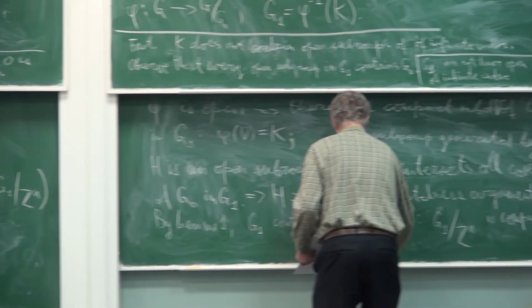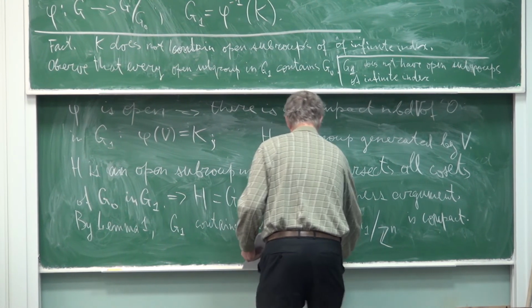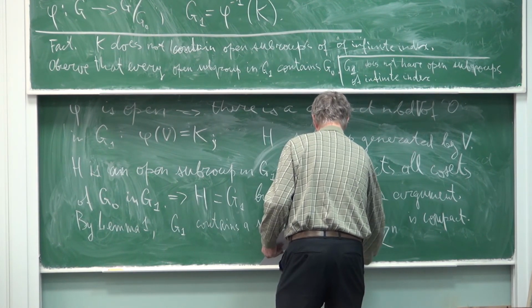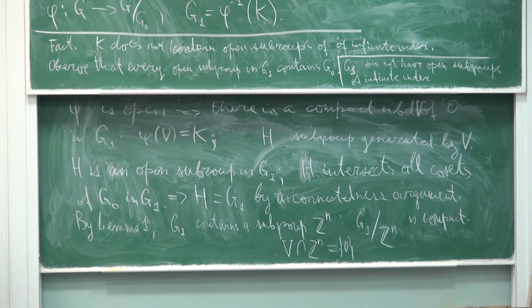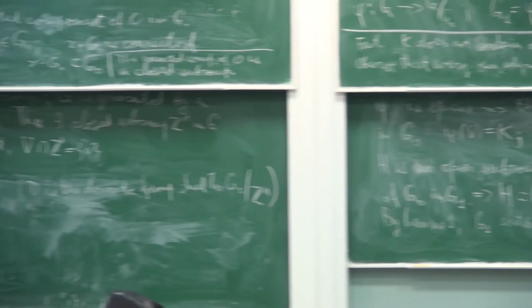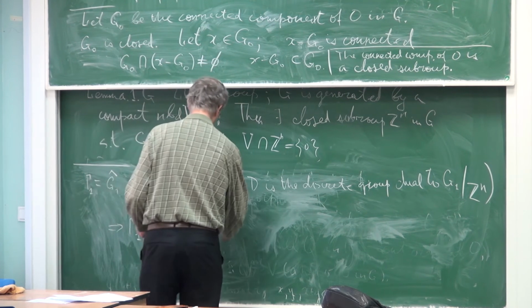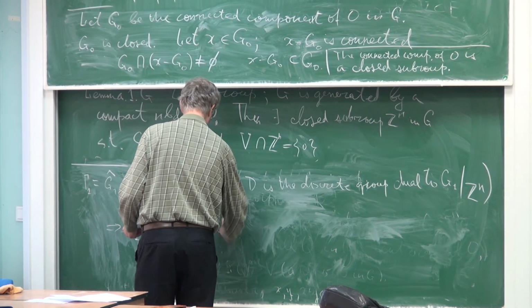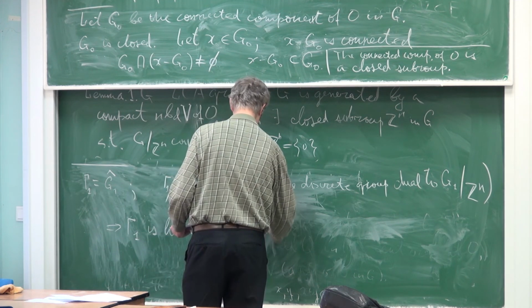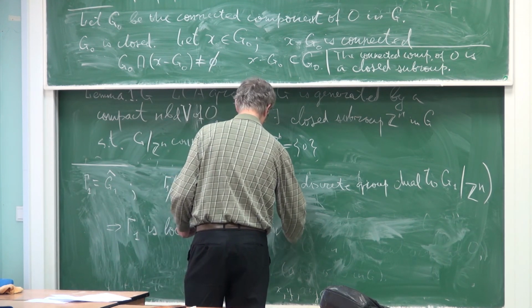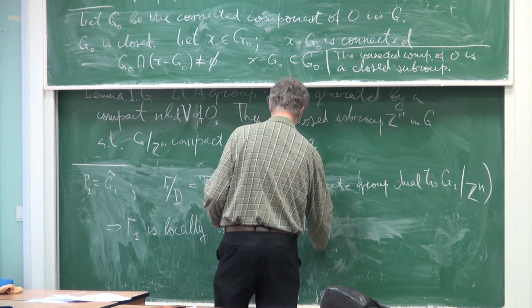So this Zn intersected with this neighborhood V is equal to 0.